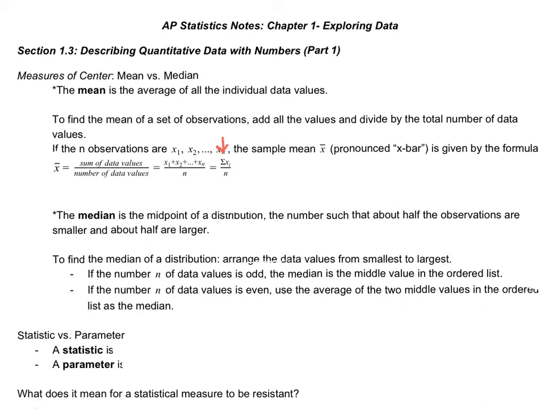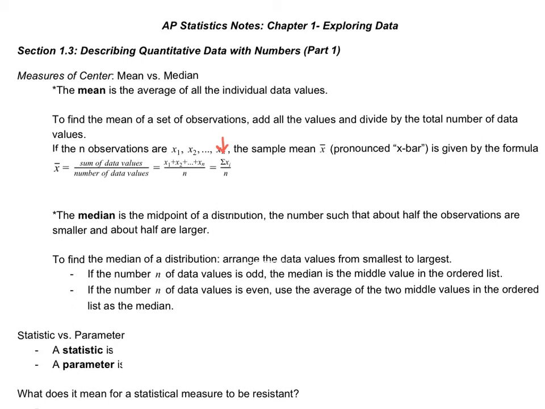And then basically you're searching for the center, just like you've done in the past. If you have an odd number of observations, then the median is the middle value in that ordered list. So you would find the number exactly in the middle. If the number of observations happens to be even, then you're using the average of the two numbers in the middle. So halfway between the two numbers in the middle, once you've got your list ordered.